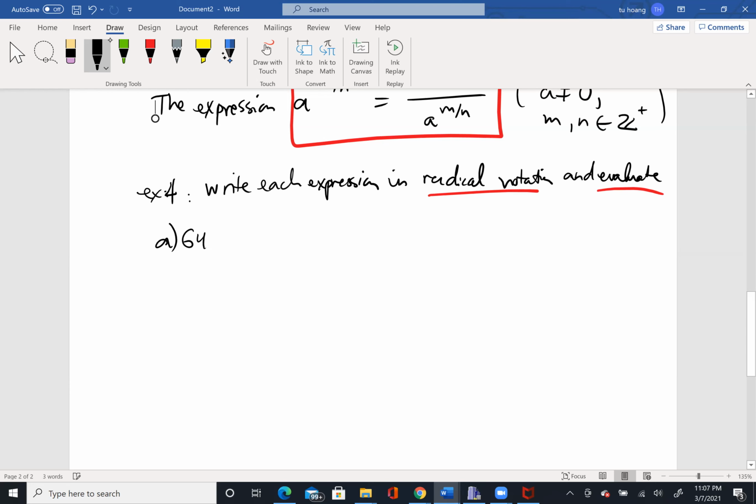I have 64 to the power negative 1/3. What you do is convert it to 1 over 64 to the power 1/3.